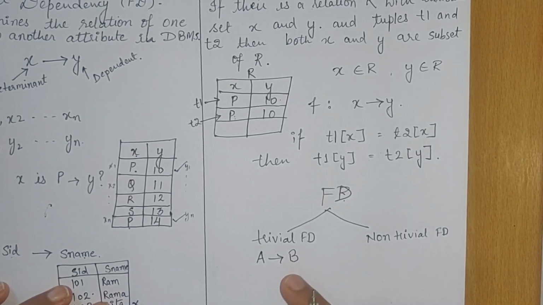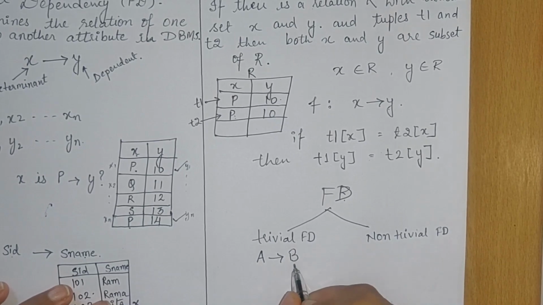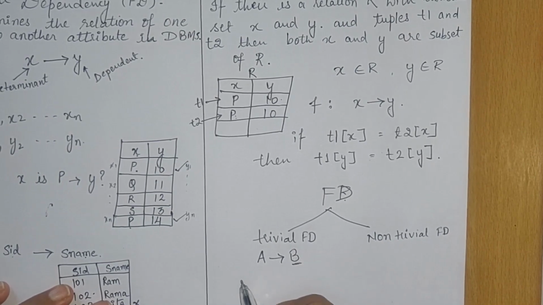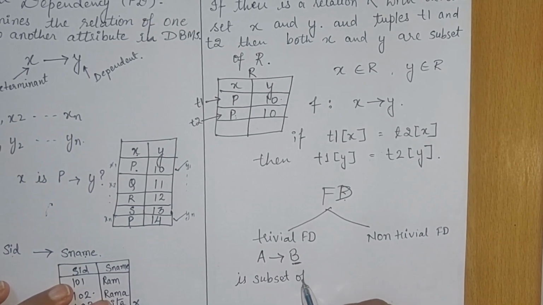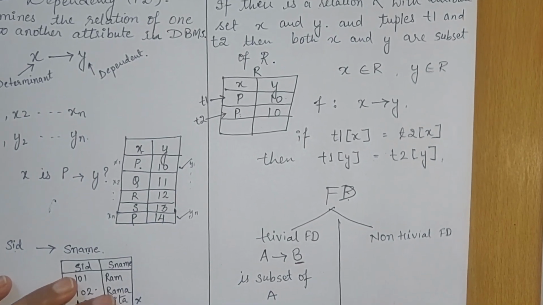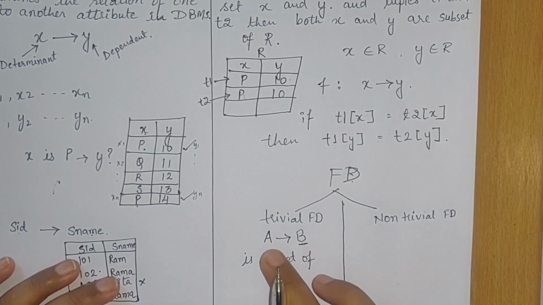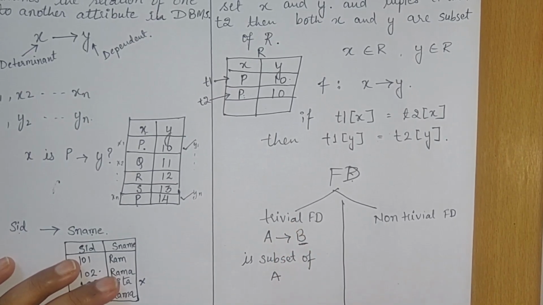A functional dependency, A determines B, is a trivial functional dependency if B is a subset of A. If there is a dependency from A to B and this B is a subset of A, then it is trivial.